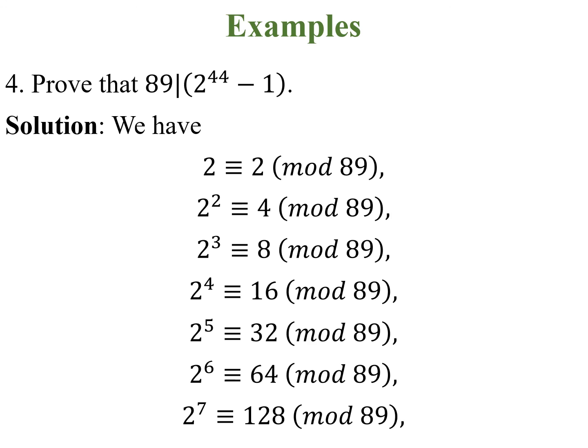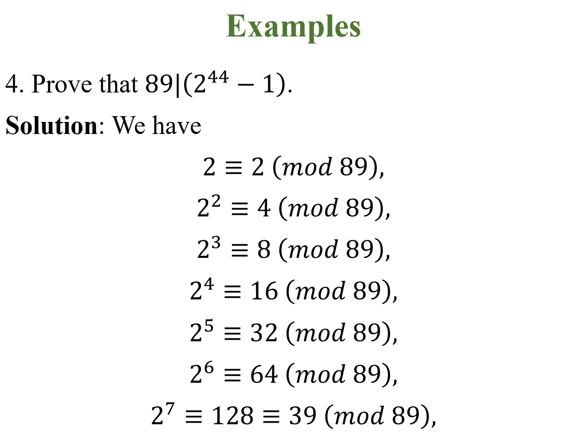Here 128 is greater than 89, so dividing by 89 means just subtract 89 from 128, and you will get 39. So 128 is congruent to 39 modulo 89.